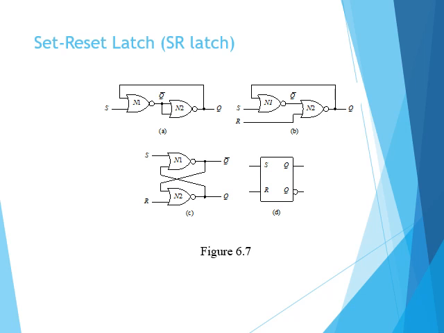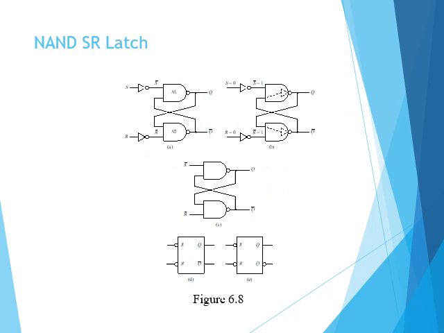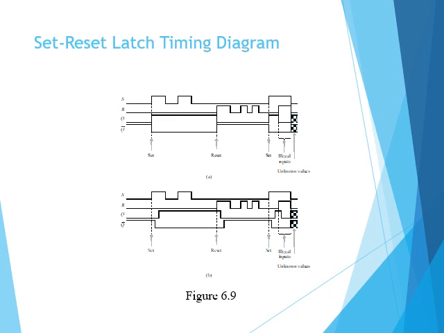Next we give the truth table. The NOR is replaced by a NAND gate, and the NAND implementation and its figure are shown here. Next, the timing diagram of the SR latch is shown: what input is given to S and R at the same time, and what output we get at Q and Q bar.